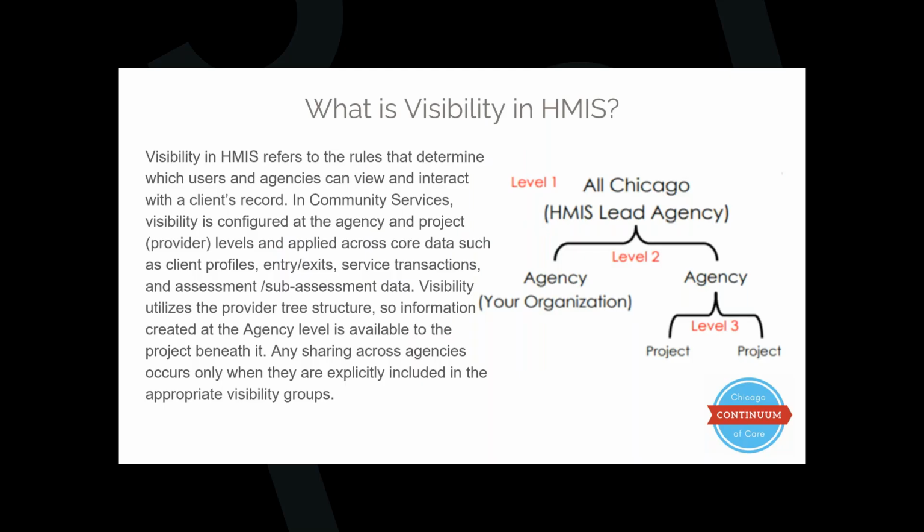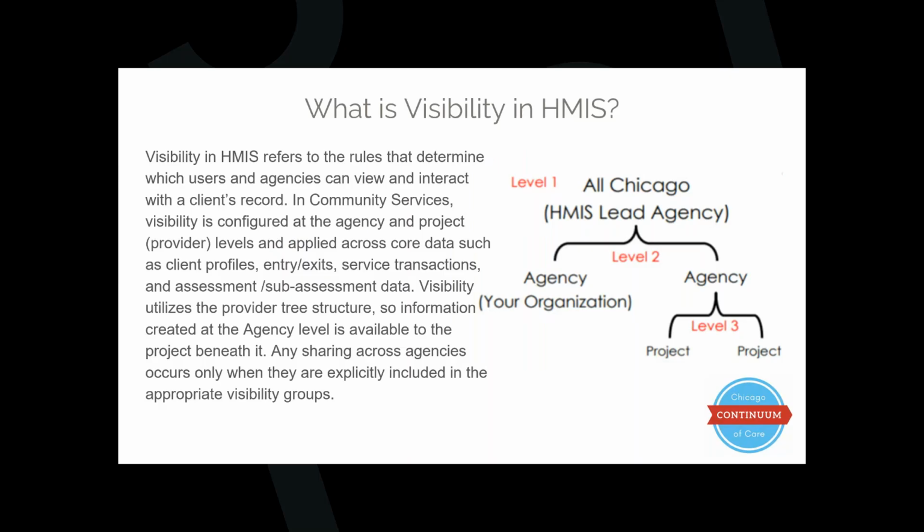So ideally, that's where all information is being entered. When that happens, those answers flow downwards on the tree. Any subordinate projects under your level 2 agency will be able to view and utilize those answers.